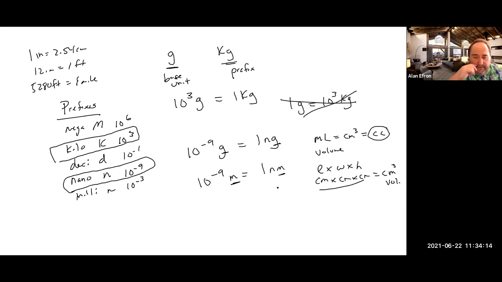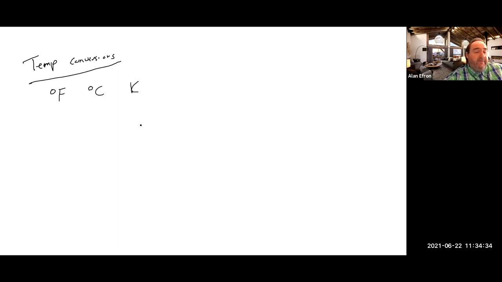Now, a couple of other important conversions that you hopefully should be familiar with, which are temperature conversions. There are 3 different temperature scales that we deal with: degrees Fahrenheit, degrees Celsius, and Kelvin. For the most part, it is Kelvin we use the most, and Celsius to Kelvin is the one we use the most.